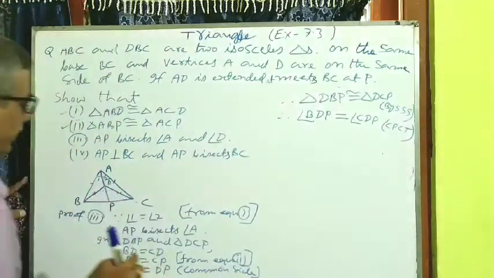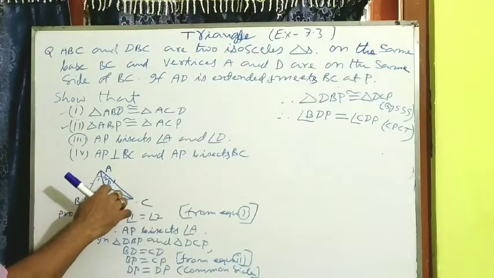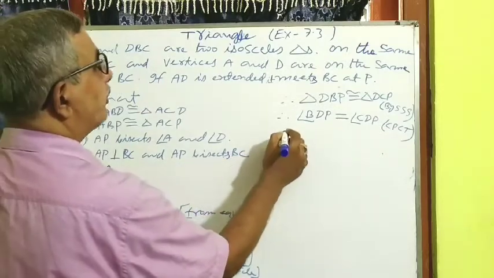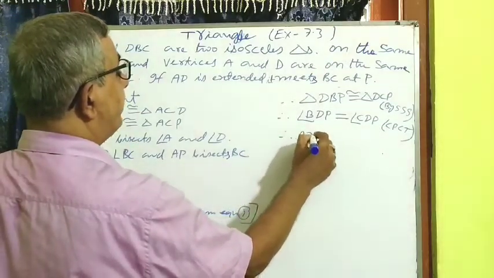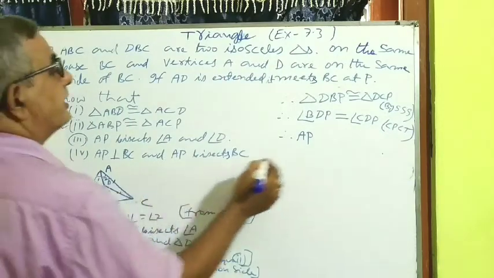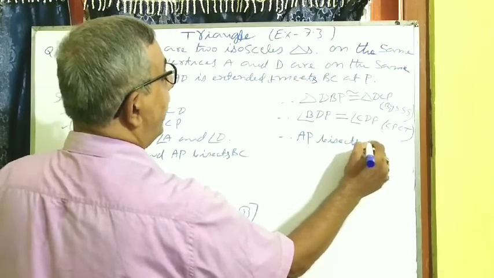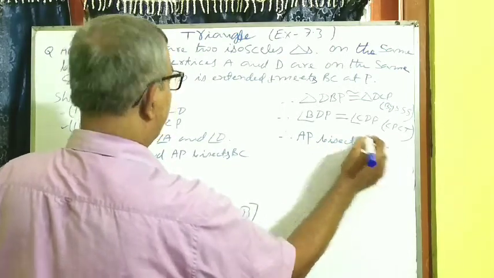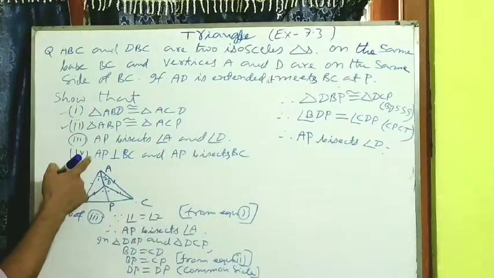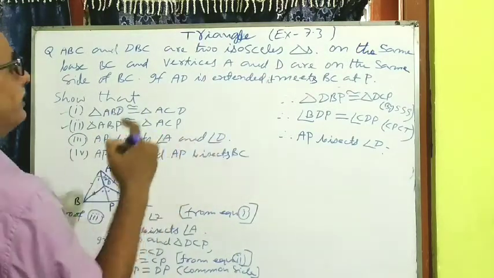Now you see, that means AP bisects angle D also. Since this angle is equal to this angle, AP bisects angle D. Okay, so you got here AP bisects angle A, AP bisects angle D.